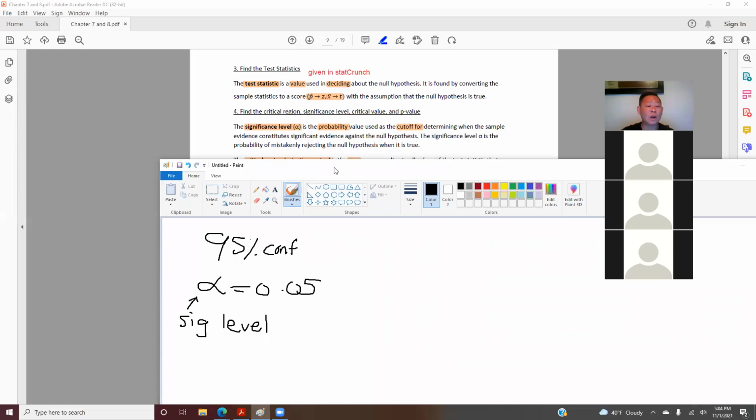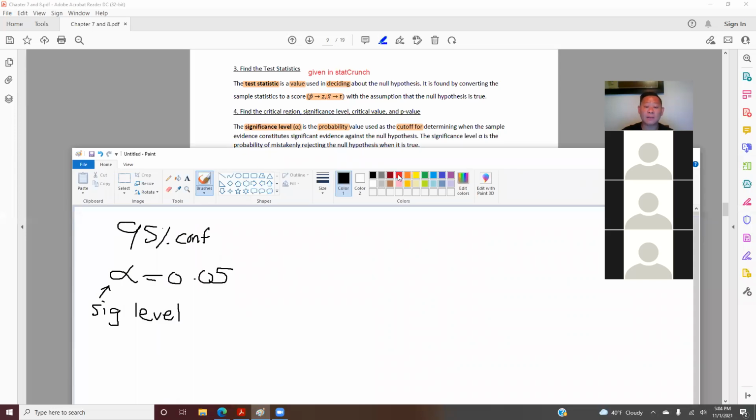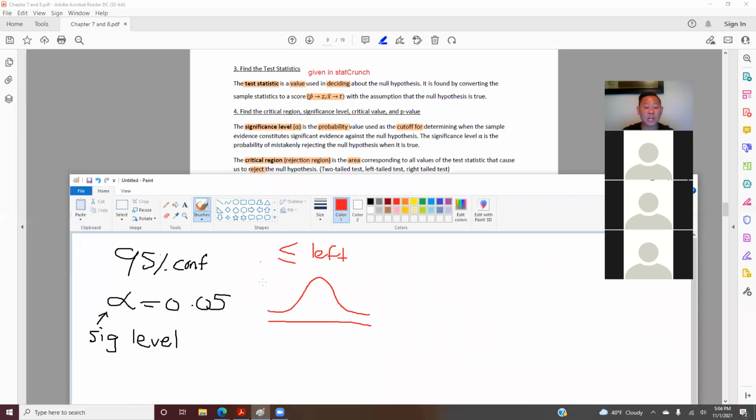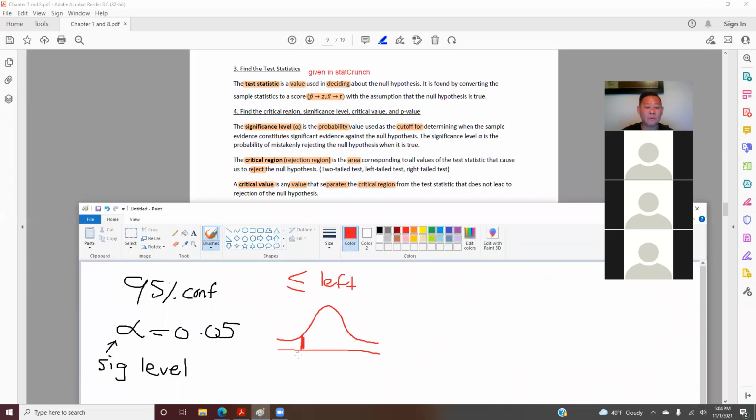Now, as you know, we have three types of tests. We have a left-tail test. What happens when you have a left-tail test? Your critical region, or your rejection region, is on the left side. So you always draw this line. This line is called the critical value.